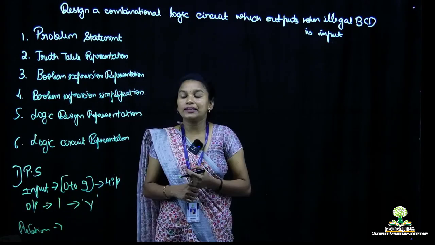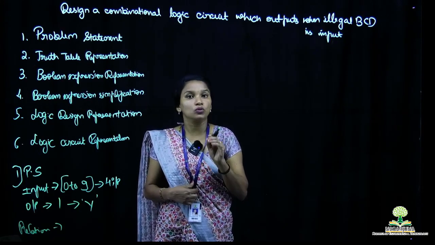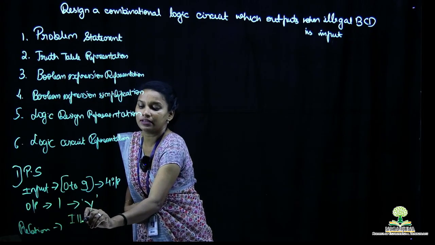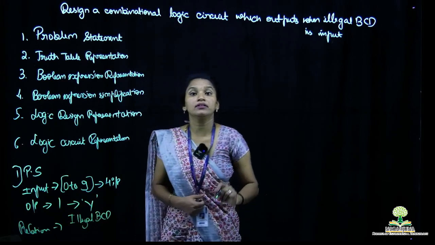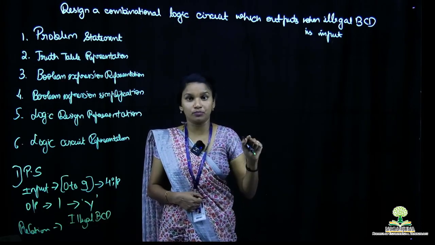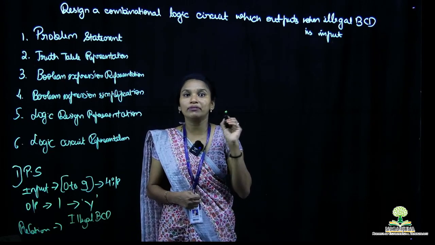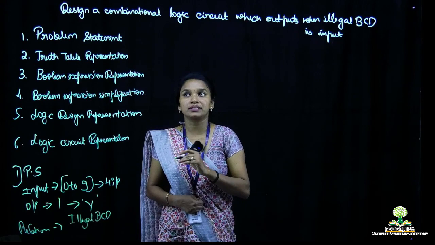Here, it will give you an output only when the input is illegal BCD. So you just write here, illegal BCD is your problem statement. Whenever in the input combination you get an illegal BCD, only then will you write an output for it. So we are done with our problem statement.